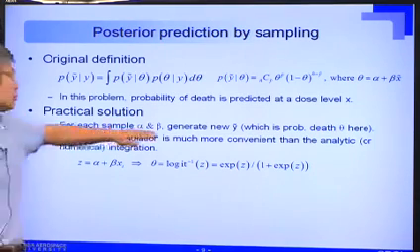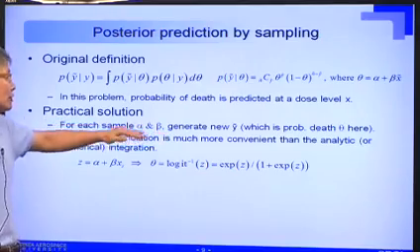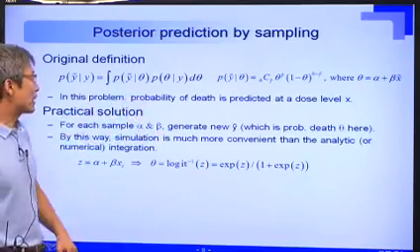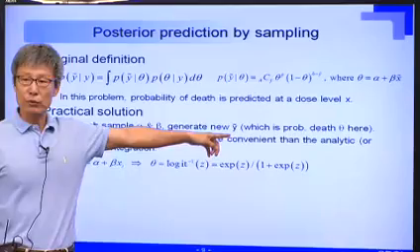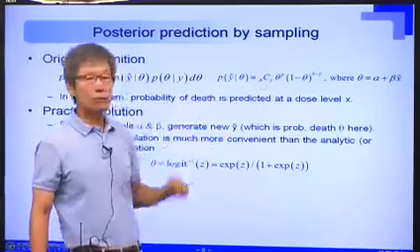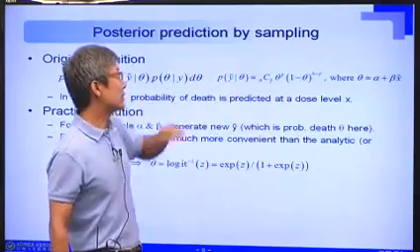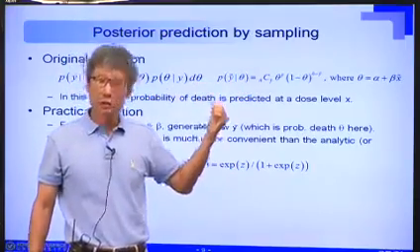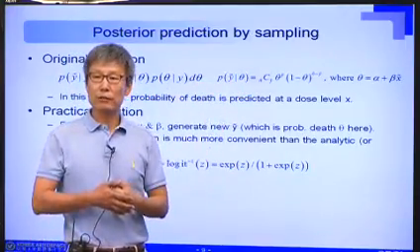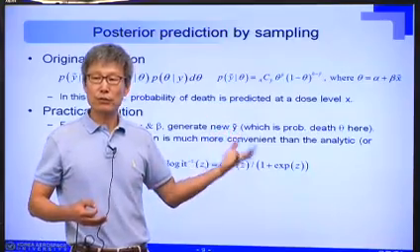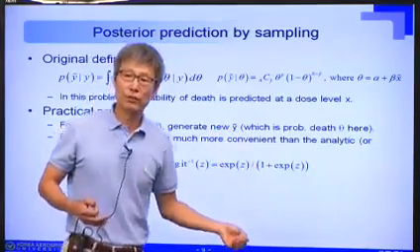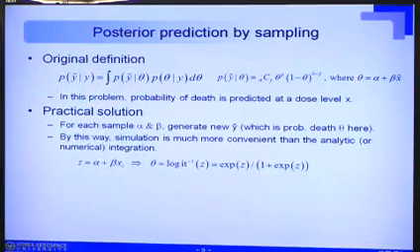Because of 10,000 samples of alpha and beta, we just apply alpha and beta and get nu using this binomial definition. And we get 10,000 of these results. This is just a prediction, the posterior predictive distribution. So in that manner, the predictive distribution is quite easy when we use the samples.